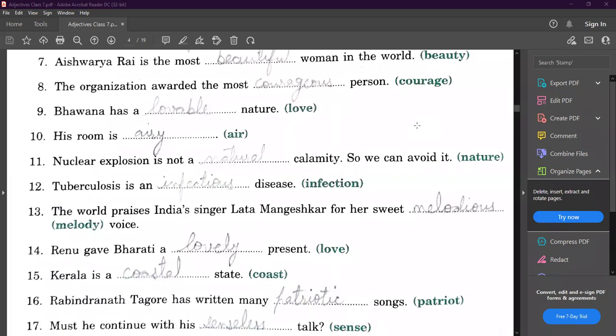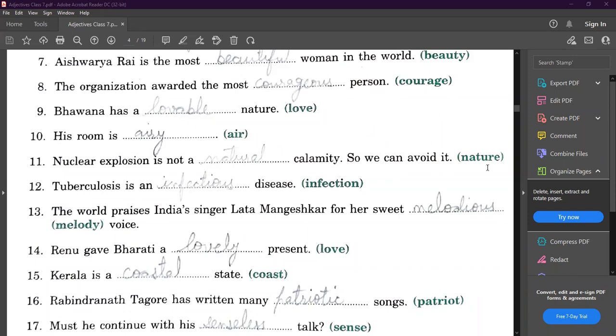Tuberculosis is an infectious disease. The world praises India's singer Lata Mangeshkar for her sweet, melodious voice. Renu gave Bharti a lovely present. Kerala is a coastal state.